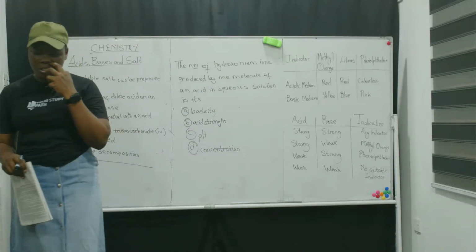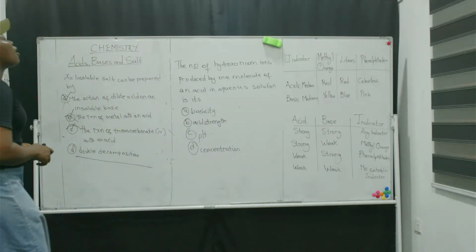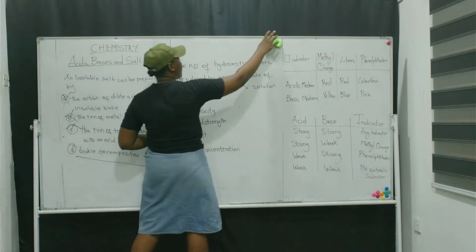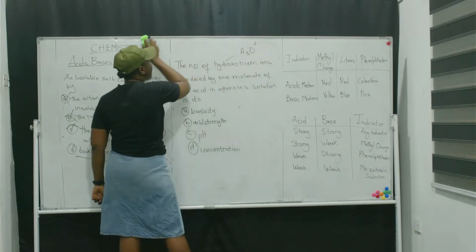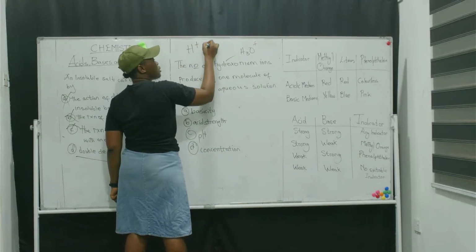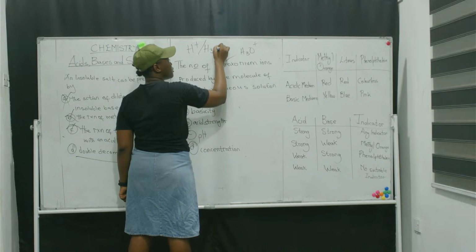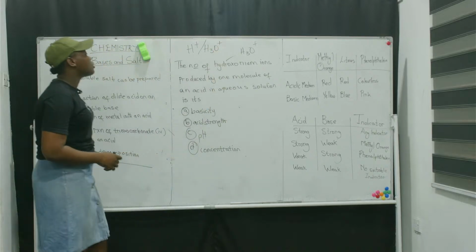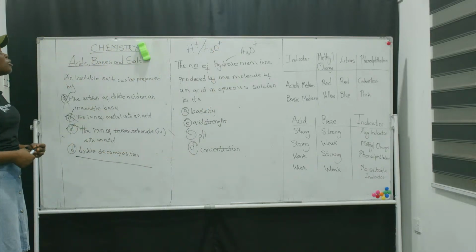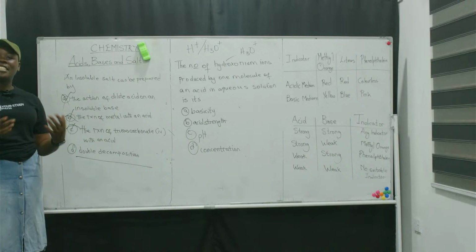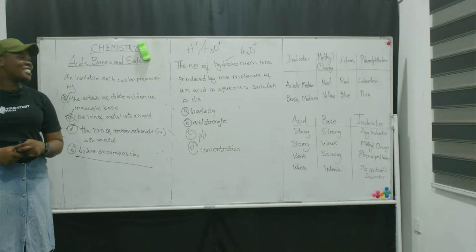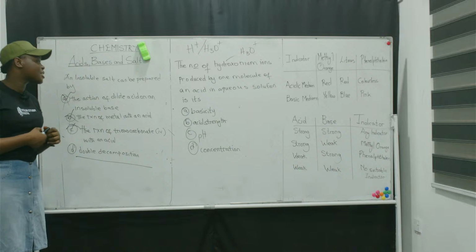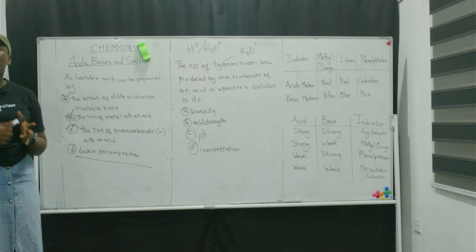Okay, let's take that question together. The hydronium ion is H3O plus. The number of hydronium ions produced by one molecule of an acid in aqueous solution is its basicity.